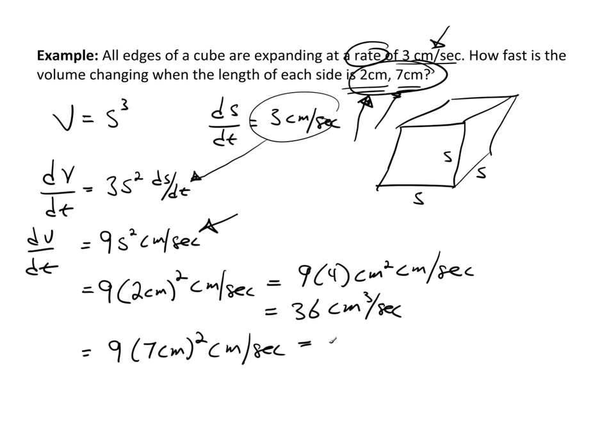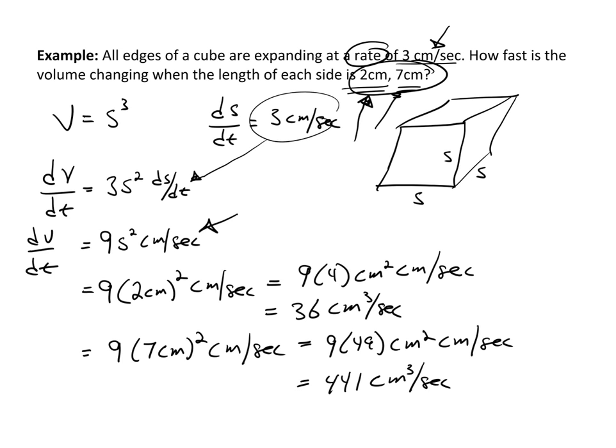So this equals 9 times 49 centimeters squared centimeters per second. So this is going to equal, let's see, 441 cubic centimeters per second.